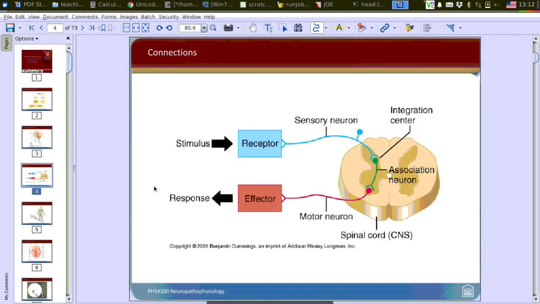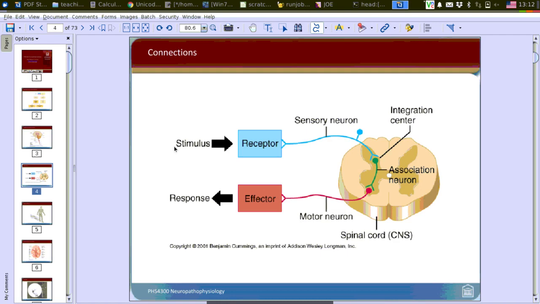The next part is to talk about connections. These are the principal functions of neurons. Neurons are the basic units of the nervous system. They allow for function of neural networks. A simple example is shown here as a reflex arc.